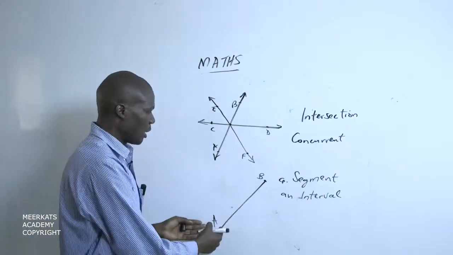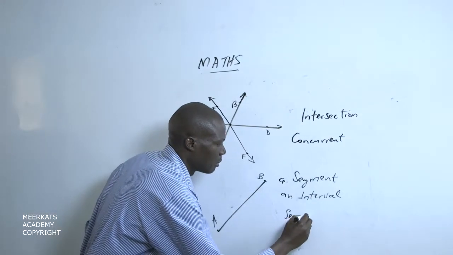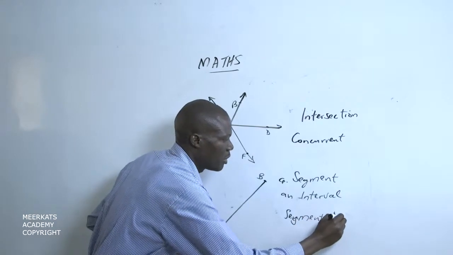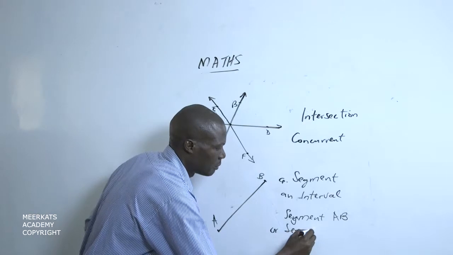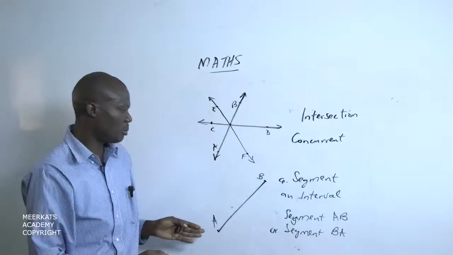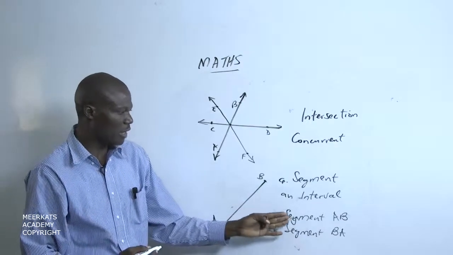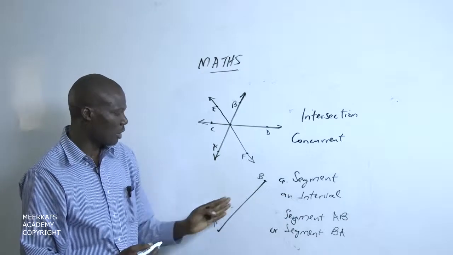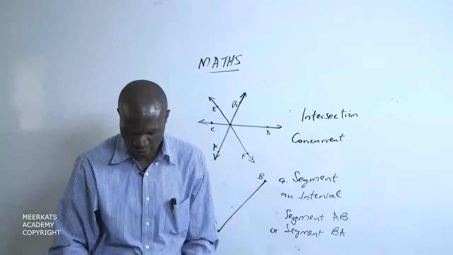So we can say this is either segment AB or segment BA, depending on which side you choose to call. If you don't want to call it segment, you'll say interval AB or interval BA.